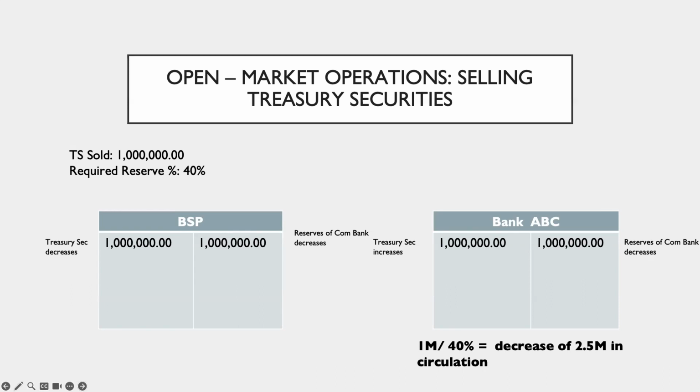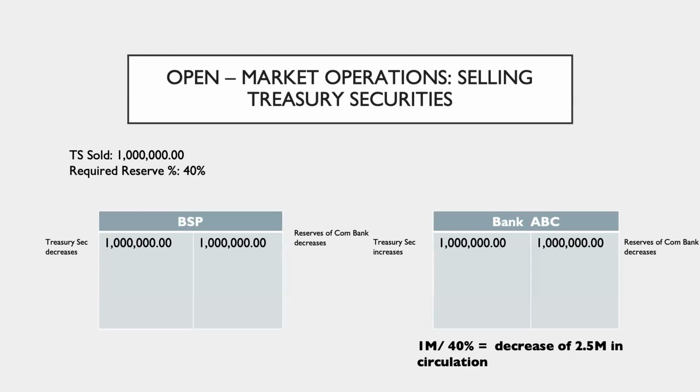And in this regard, by paying the central bank the 1 million pesos, they're also decreasing the central bank's liability to them. So, by selling treasury securities, the central bank is limiting our power to spend.